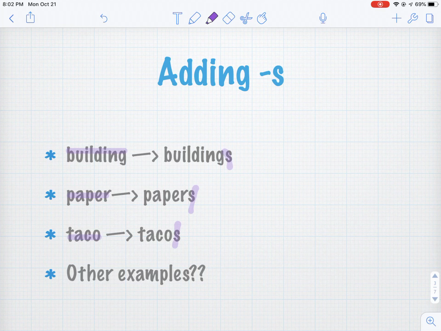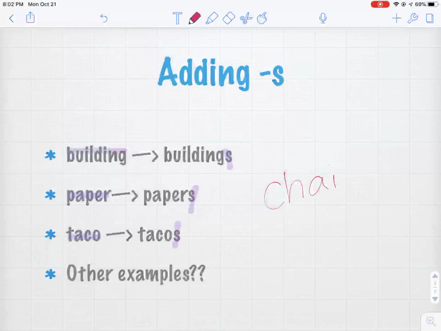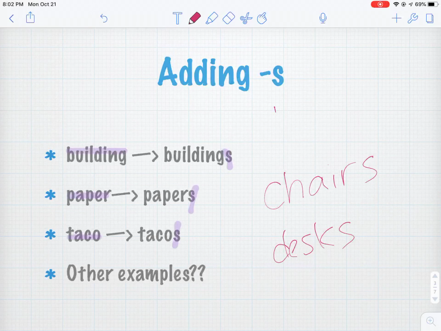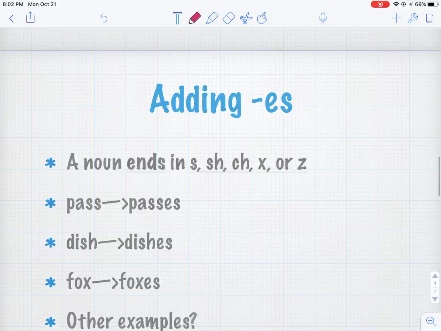And I'm sure there's a bunch of other examples you can think of, like chair to chairs, desk to desks, teacher to teachers. Just simply an S at the end. That's the easiest way to make a plural.